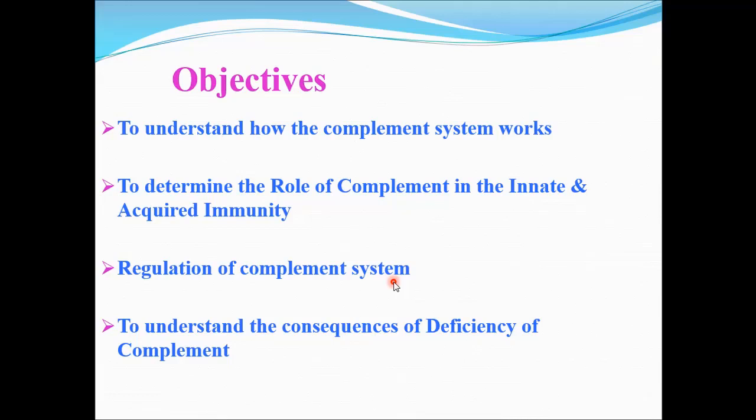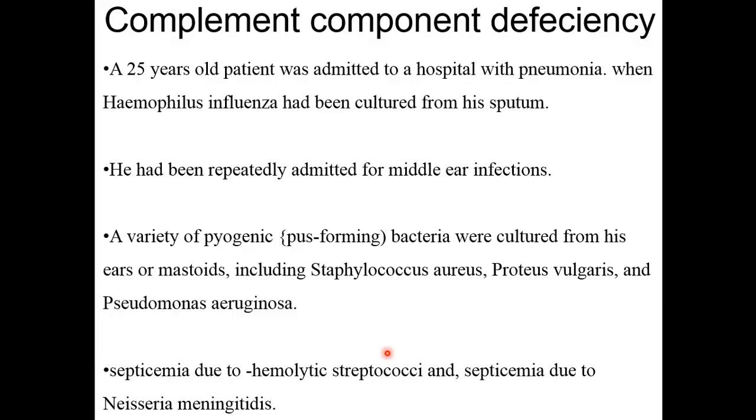There are also proteins in the complement system which regulate its activation. I'll talk about these regulatory proteins and how they regulate the complement system. And finally, I'll talk about the consequences of deficiency of complement proteins.